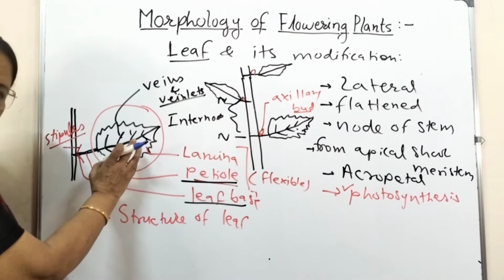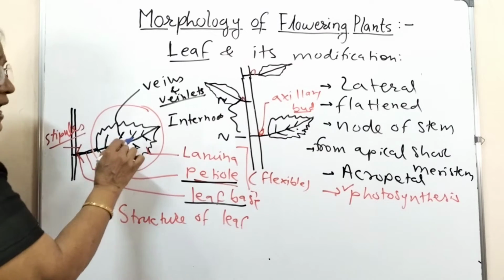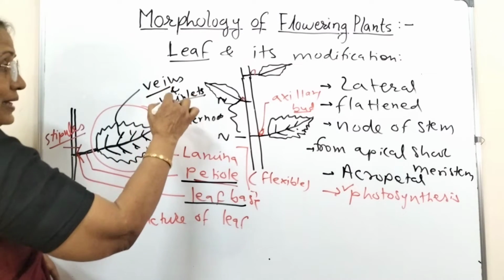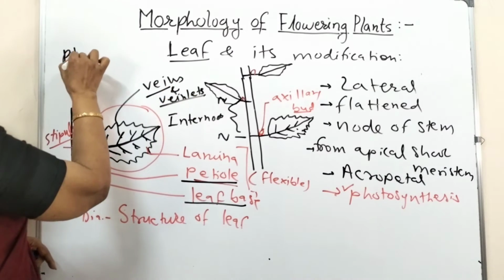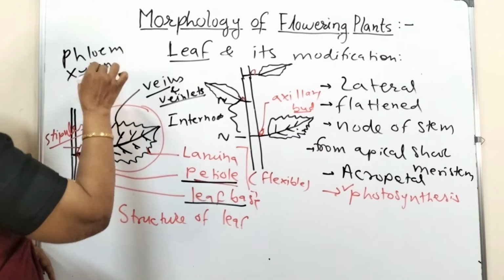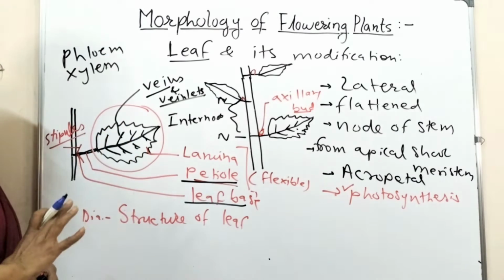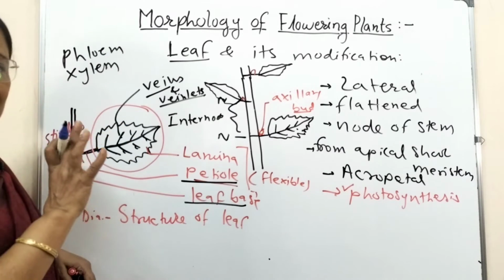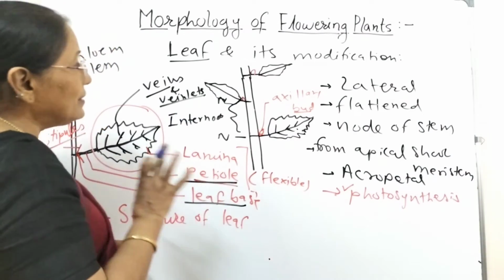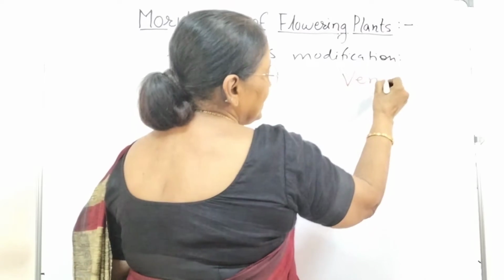The lamina does the photosynthesis, and in it are present the veins and veinlets, which are actually phloem and xylem. They transport water, minerals and food, and also act as the skeleton of the leaf, providing it rigidity. Now let us see what is venation.